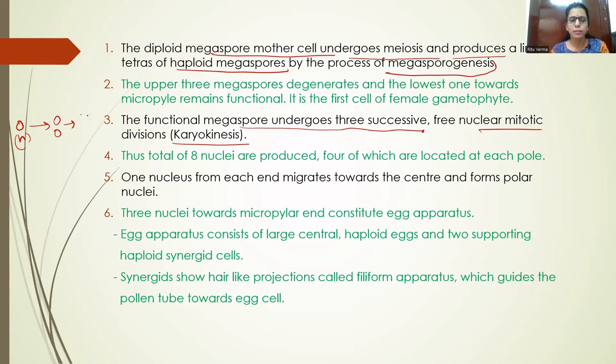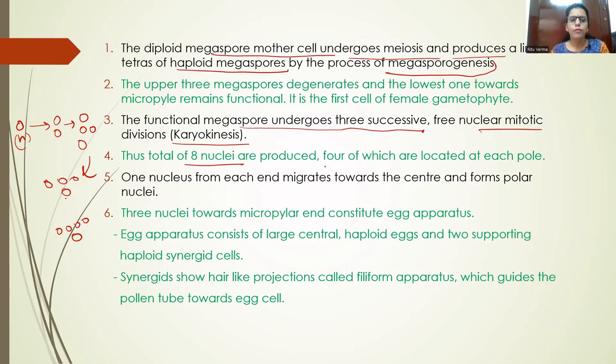This will undergo second mitosis and give rise to 4, and this will undergo third mitosis and give rise to a total of 8 haploid nuclei inside the cell, inside this megaspore. Now there are a total of 8 nuclei produced, and 4 of these nuclei are present at each end, or each pole, of the cell.